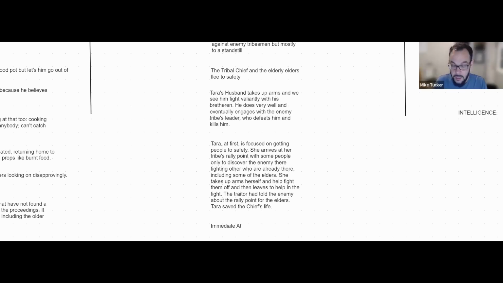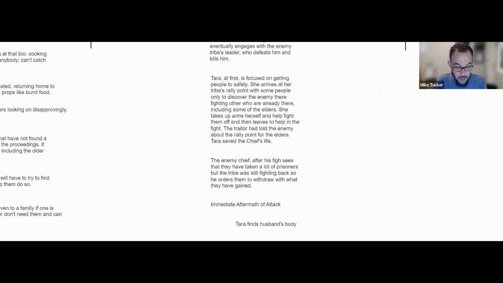So the enemy chief sees that they have taken the operation by the tribe, after his fight with, I would say after being wounded in his fight with Tara's husband.